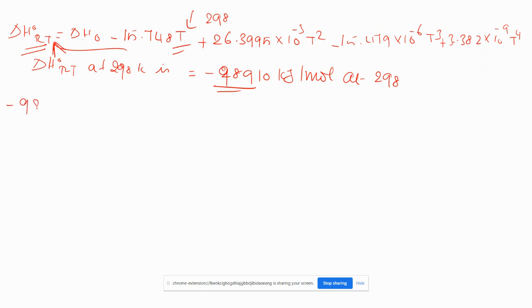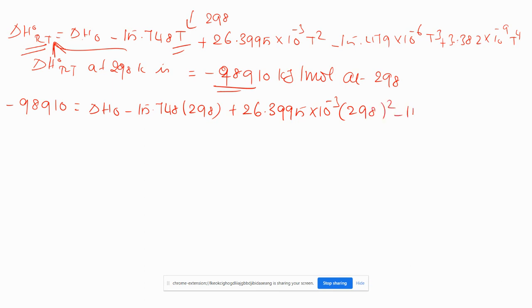So now minus 98910 is equal to del H0 minus 15.748 into 298 plus 26.3995 into 10 power minus 3 into 298 square minus 15.479 into 10 power minus 6 into 298 cube plus 3.382 into 10 power minus 9 into 298 power 4.